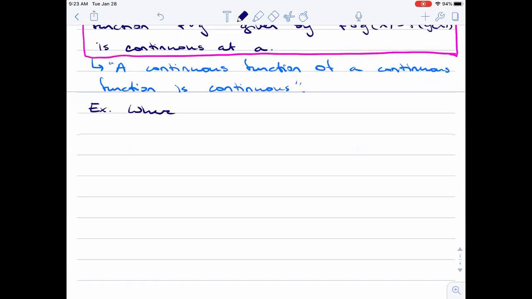For example, if I ask you, where is h of x equal to the sine of x squared continuous? You can break this down into a function composition, right, and figure out, well, if the first one's continuous and then the second one's continuous, then the composition of the two is going to be continuous, right?